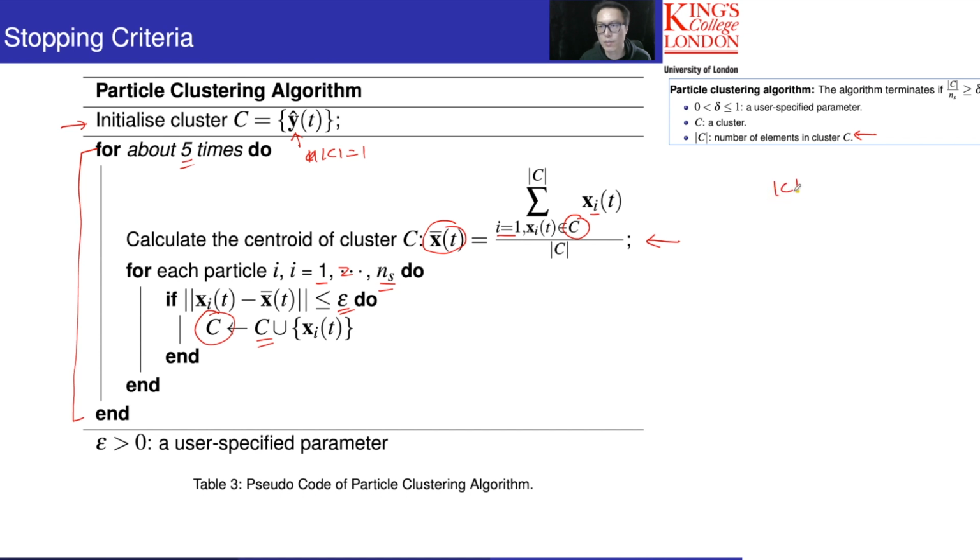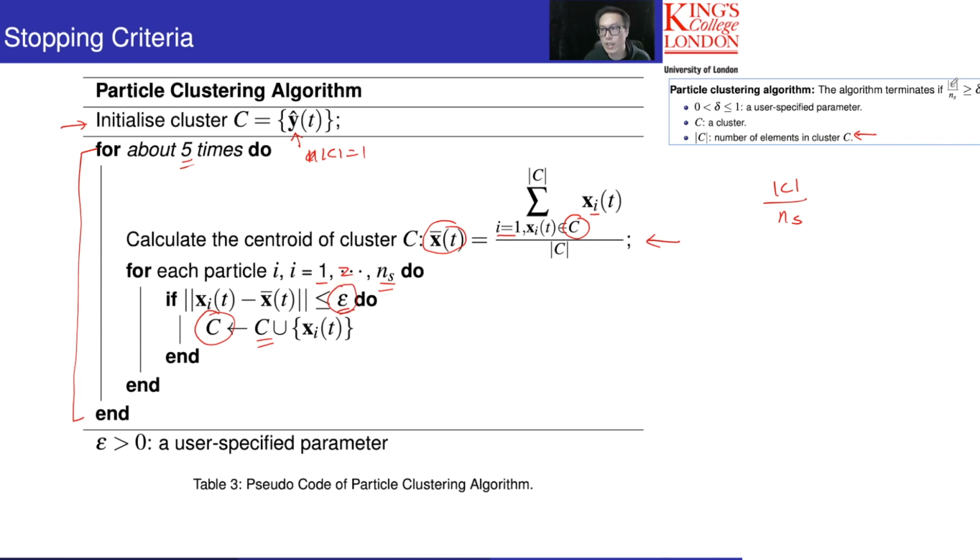So C divided by NS, where NS is the number of particles in the population, that is the number of elements close enough to the center x bar, divided by NS, that is the percentage of the particles within epsilon.